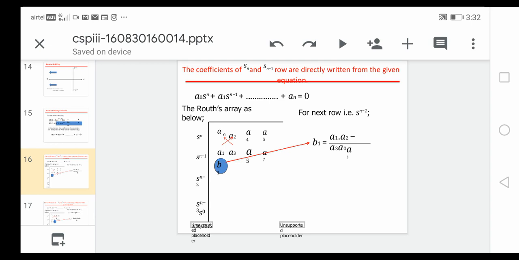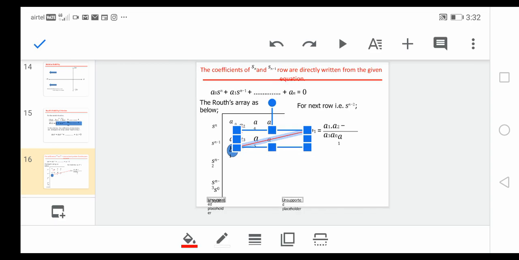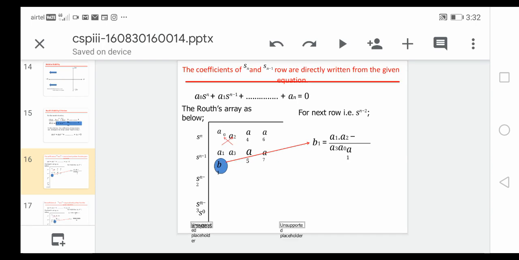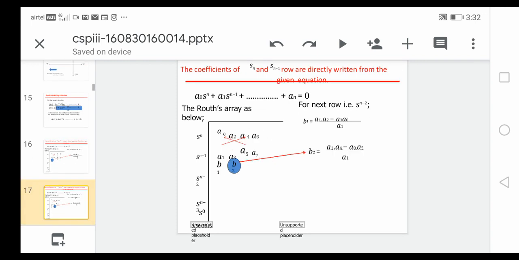Similarly, the second element b2 is equal to a1 into a4 minus a5 into a0, divided by a1. So b1 is a1 a2 minus a3 a0 by a1, and b2 is a1 a4 minus a0 a5 by a1.